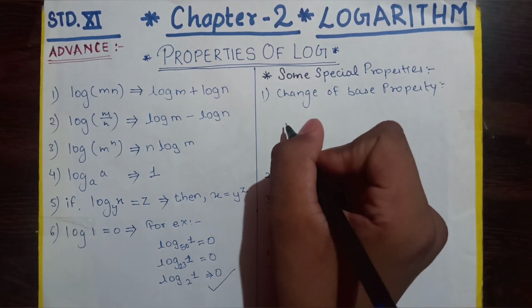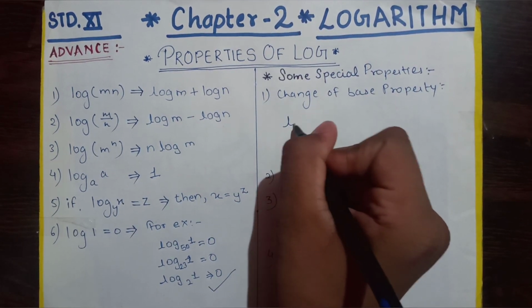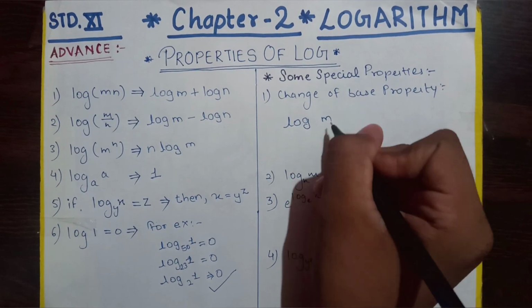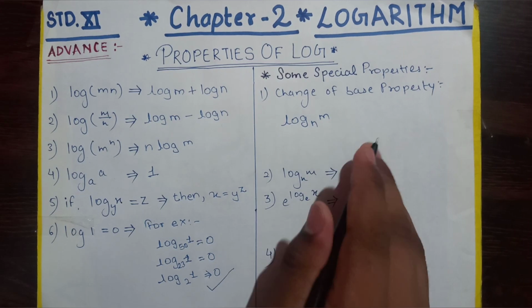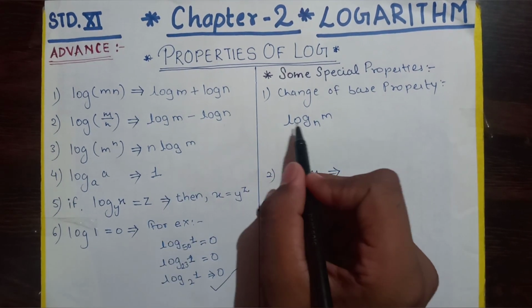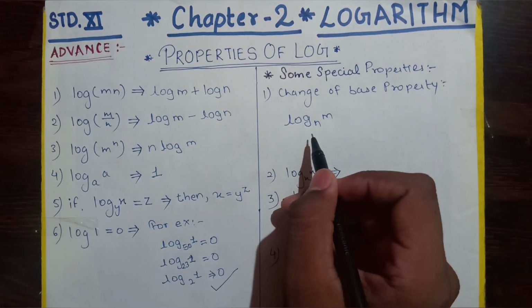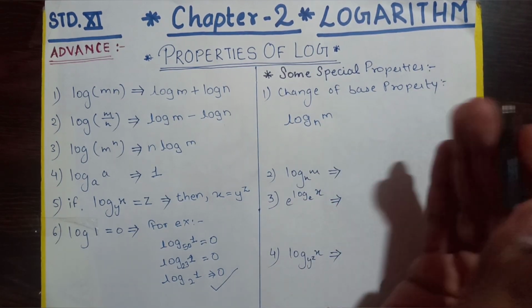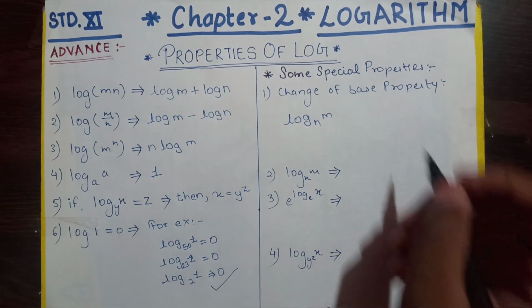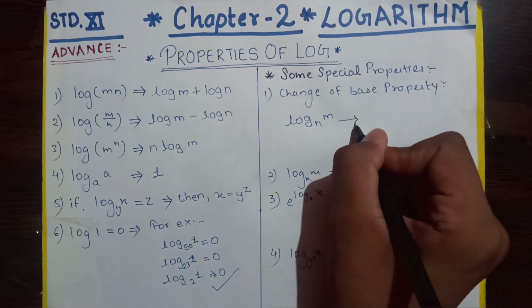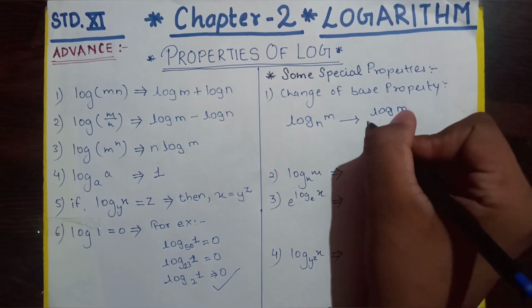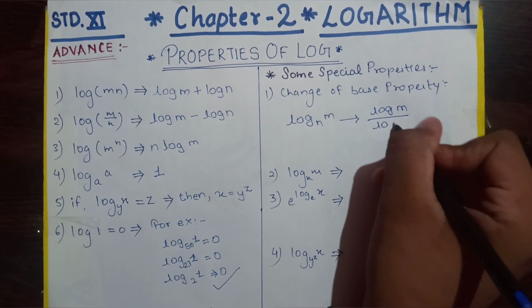It is log m to the base n. I have taken just an example; it can be any number, like log 5 to the base 2 or log 100 to the base 4. Its answer would be log m upon log n.